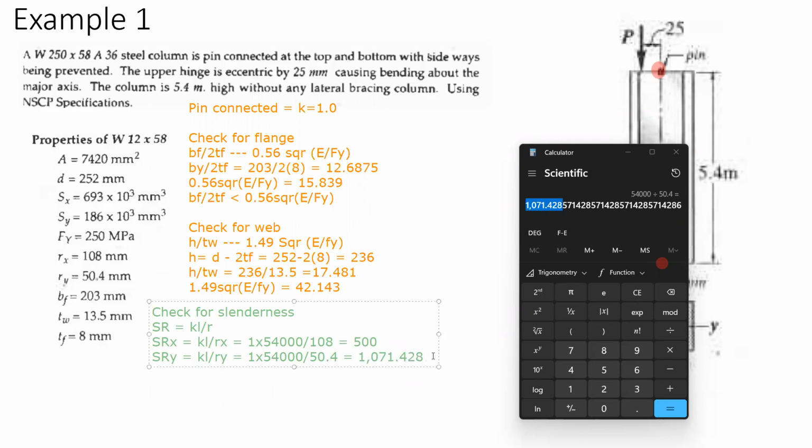And then what we do now is we choose the higher value.